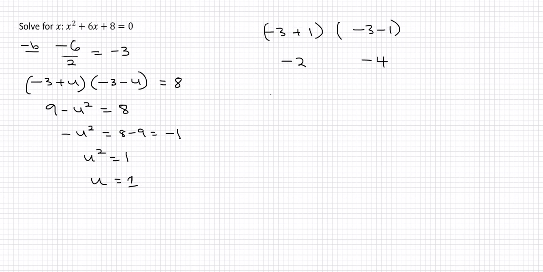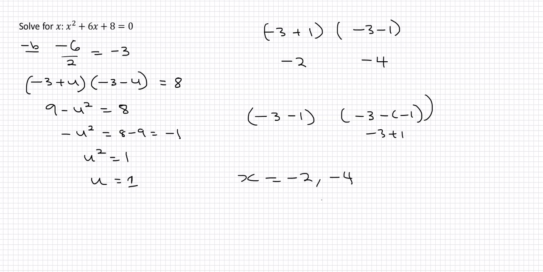Now let's assume that you don't agree with me on using the positive 1, because your u could be plus or minus 1. Let's try the negative 1. We have negative 3 minus 1, and then negative 3 plus 1. See that? It's going to give you the same values. So that's why we don't bother with the positive and the negative. So here, x is going to be equal to negative 2 and negative 4.